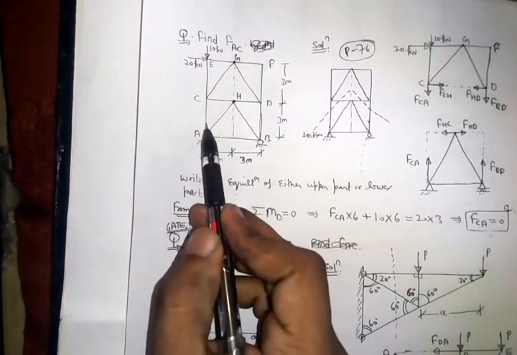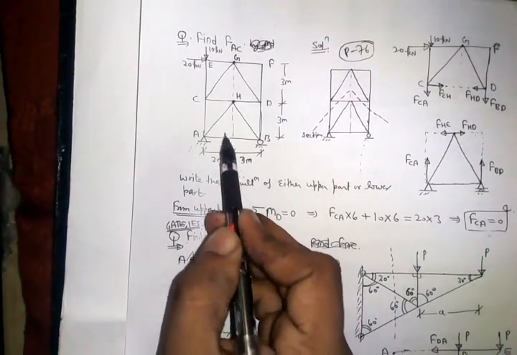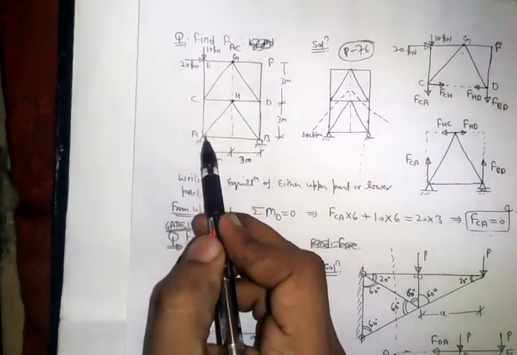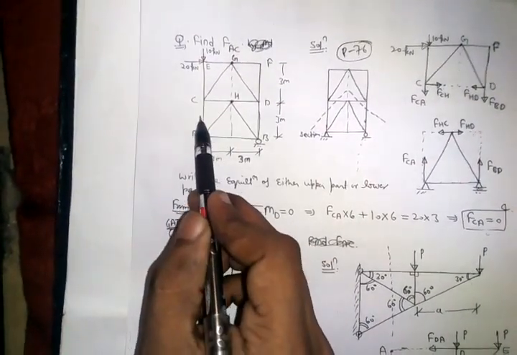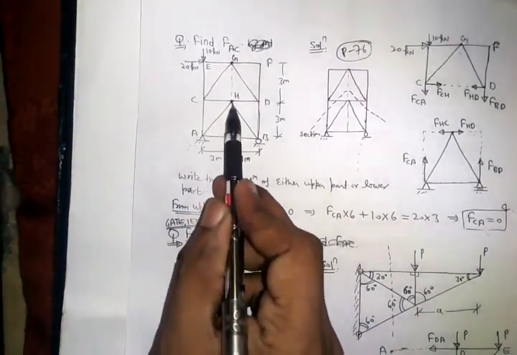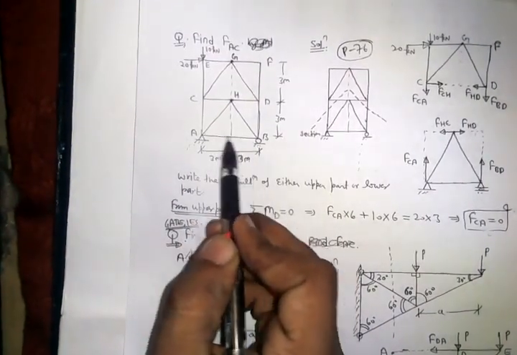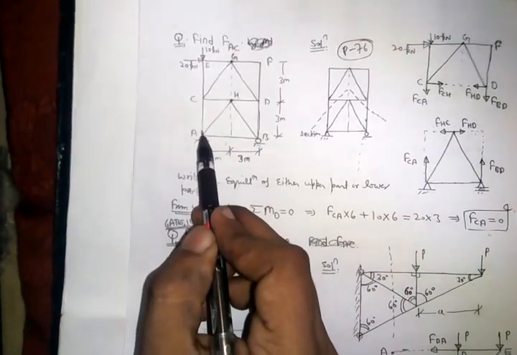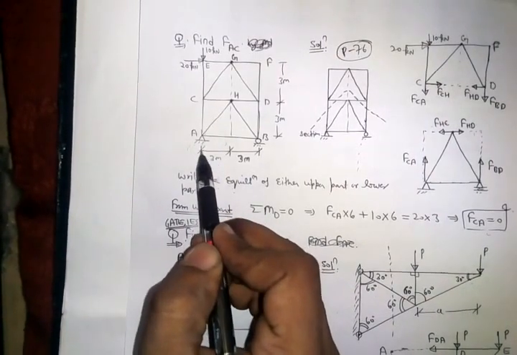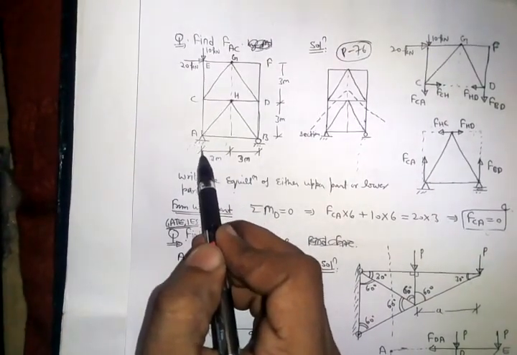I can make a cut like this and find the force in member AC, because if I make a cut like this, the forces will be FAH, FAB and FAC, and I have to find FAC, but the reaction should be known, right?